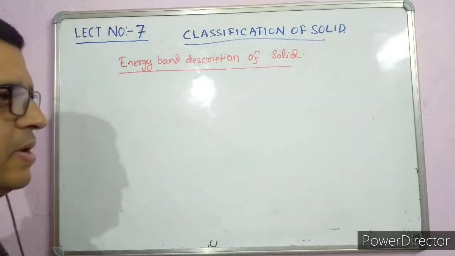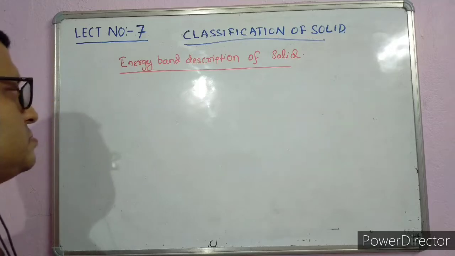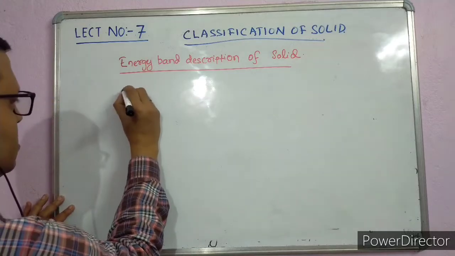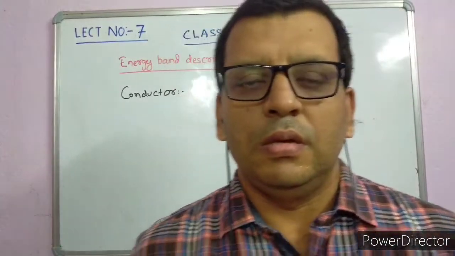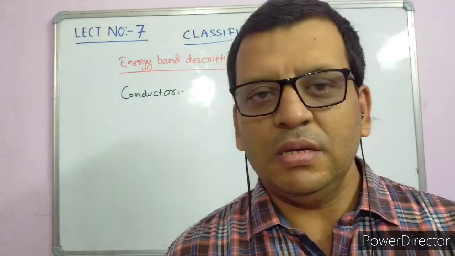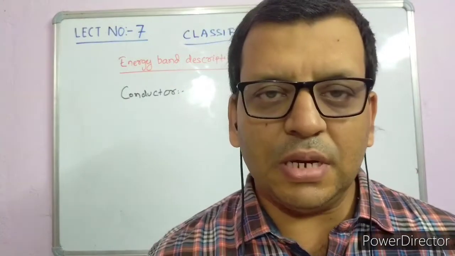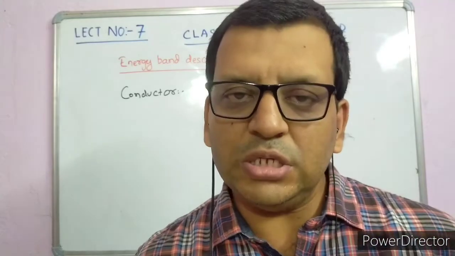The first classification is our conductor. What is a conductor? It is the type of solid through which current can pass.